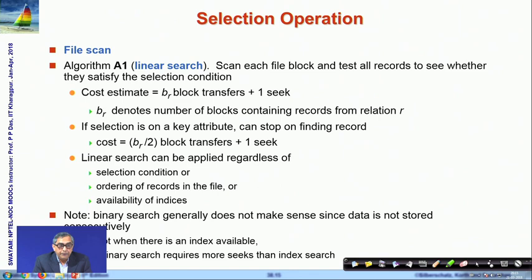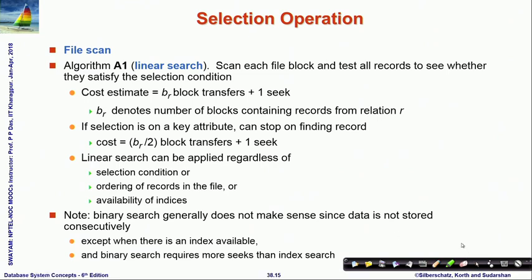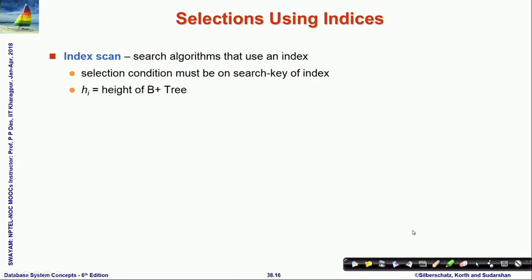You may note that in memory, when we search, we keep the data sorted and binary search is efficient, but that is not the case for us here, because the data is not stored sequentially, it is in terms of a tree structure. So, when an index is available, we will do the index-based search, otherwise we will have to do a linear scan alone. So, this was the first algorithm that we can think of.